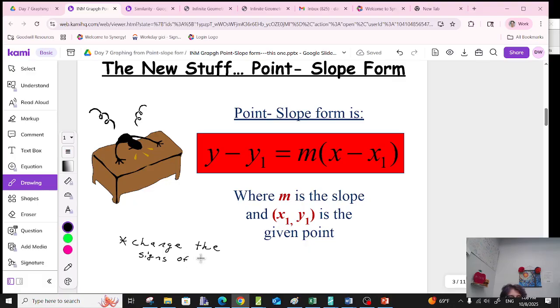So like right here, it's negative. To get it over here, you'd make it positive. Here it's negative, so here you'd make it positive. But if it was positive, what would you have to make it? Negative. There you go.